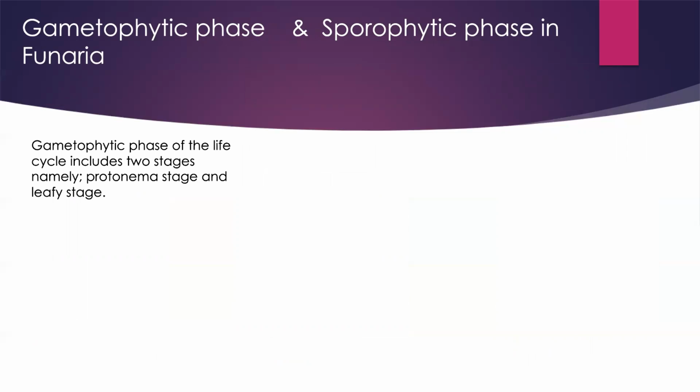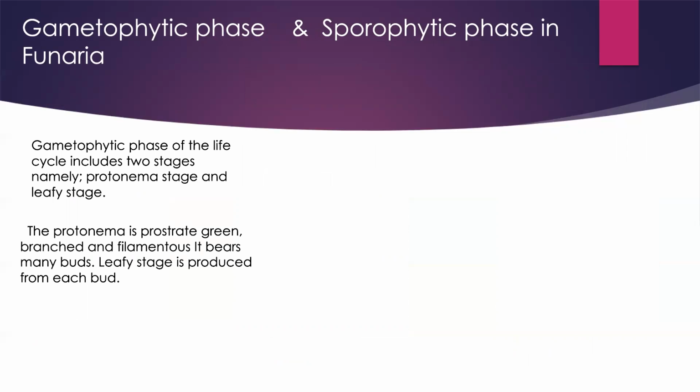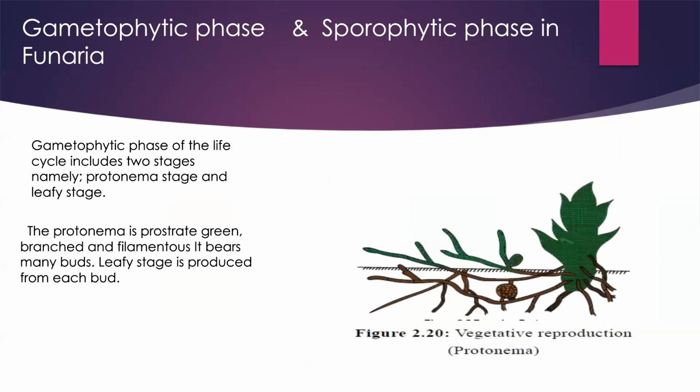In the case of Funaria, the gametophytic phase of the life cycle includes two stages, namely protonema stage and a leafy stage. The protonema is prostrate, green, branched and filamentous. You can see in the diagram here this elongated, filamentous rod-like structure, and this is nothing but the protonema, which is also called a juvenile stage.